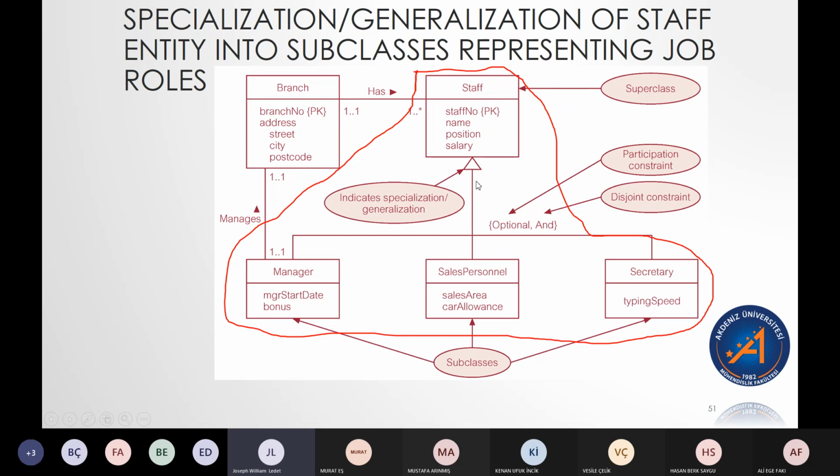We could have an array list of staff, and we could put managers in there, and sales personnel, and secretaries. So this is like that same thing, where for each branch we want to keep a collection of all the staff people who happen to be working at that branch.